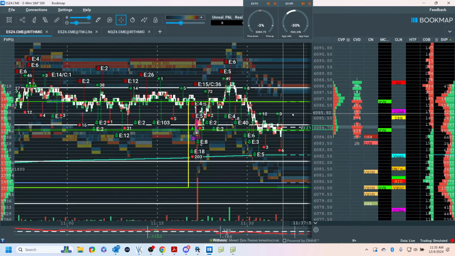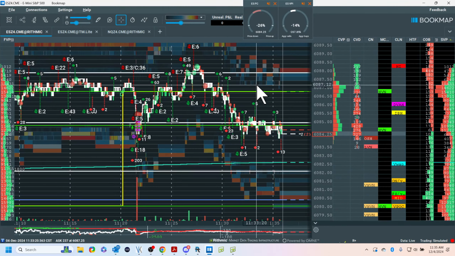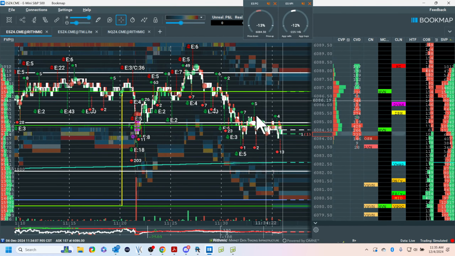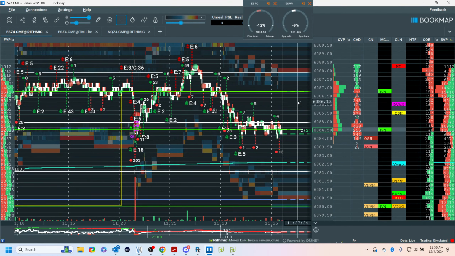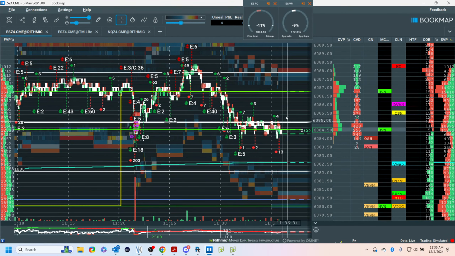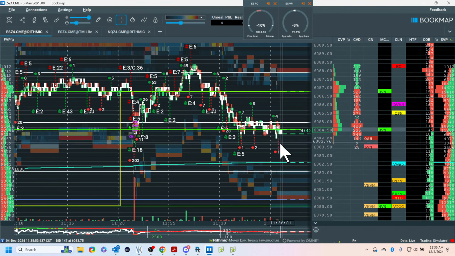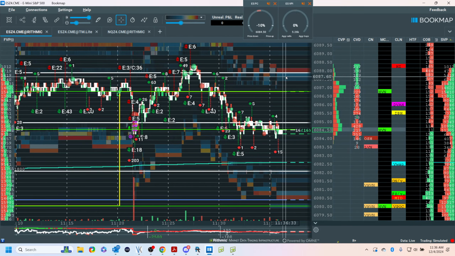Hold on a second. Getting delirious here. Yeah, VPOC is here. So we are looking for a long to here and out the top, not a recommendation. VWAP to there, out the top. That's one trade. Out here to there, out here to there. So those are structured trades in Trader Lab.